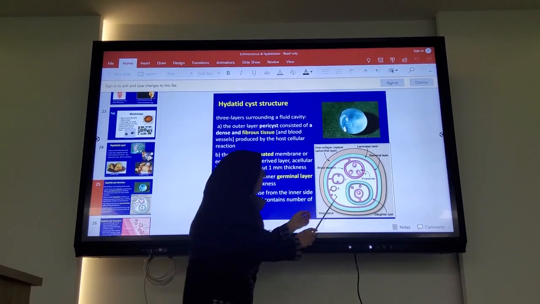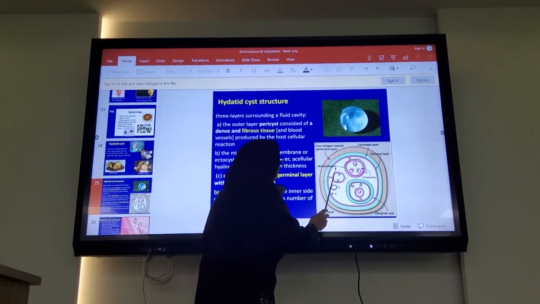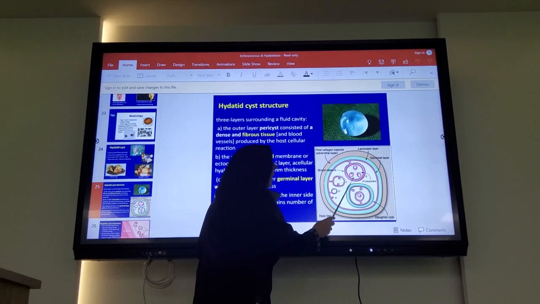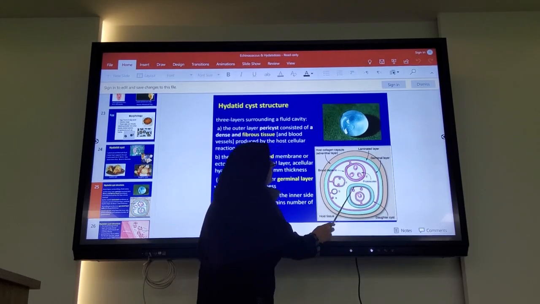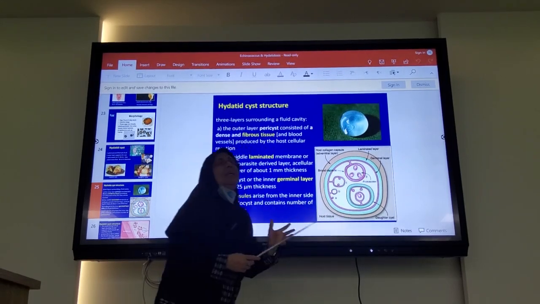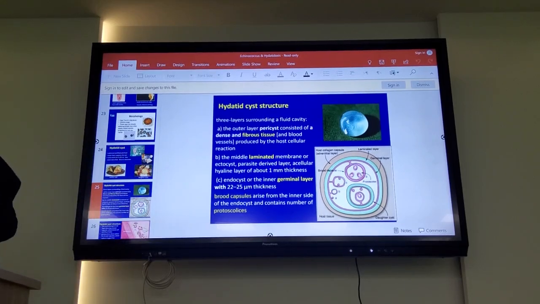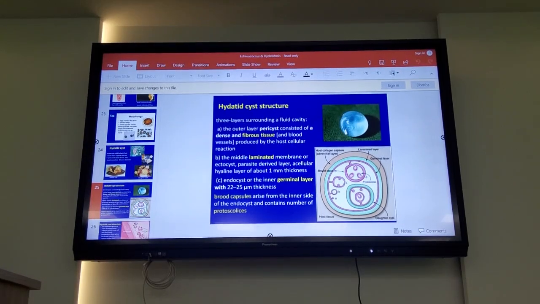Inside the cyst, which is full of fluid, this capsule is called brood capsule. In the brood capsule, we have the parasites, which are called protoscolex. In one cyst, thousands and thousands of protoscoleces develop from only one single embryo. So can you imagine?